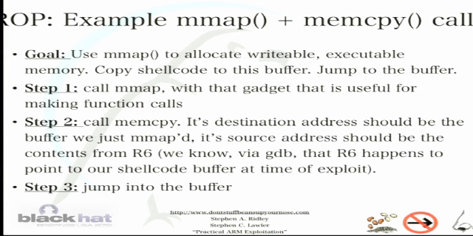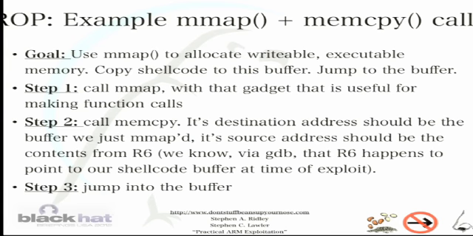We don't know exactly where it is, we just know R6 points into the heap. So we want to copy whatever's at R6 into the buffer returned by mmap, and then we want to jump into the buffer. If you want to do this in pseudo C, it'd be 3 lines of code: buff equals mmap, memcpy(buff, R6) if R6 was accessible directly through C, but it's not, and then a function cast on buff to just jump into it. It would be super simple.